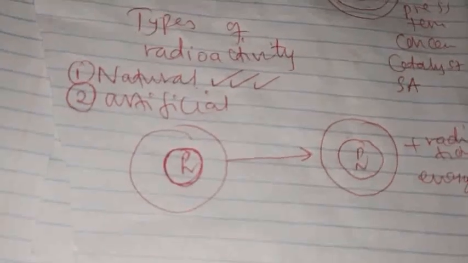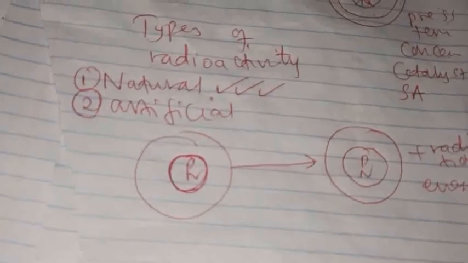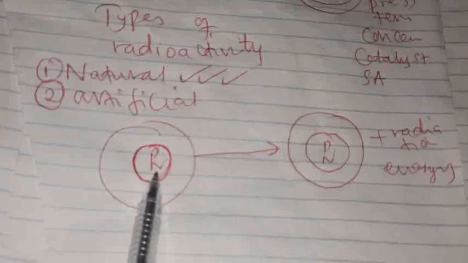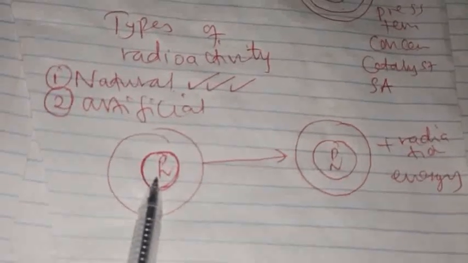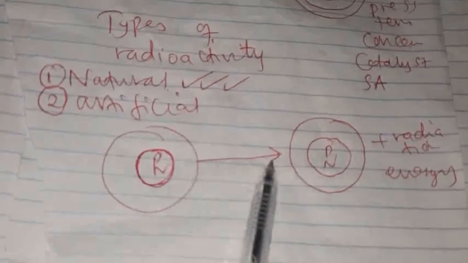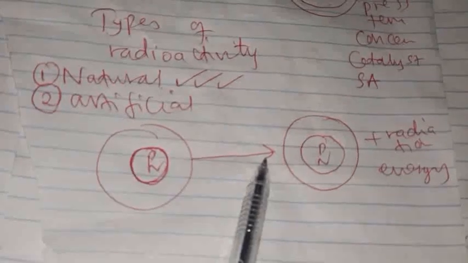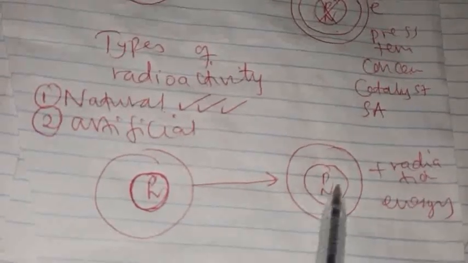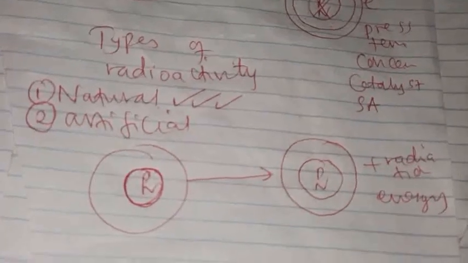That is what we refer to as natural radioactivity. It's very simple: a radioactive or unstable nuclide or nucleus splitting spontaneously to give rise to a new nucleus or nuclide, but with emission of radiation and energy.